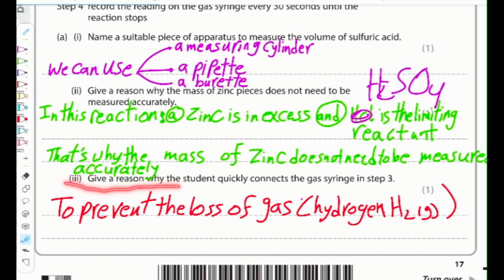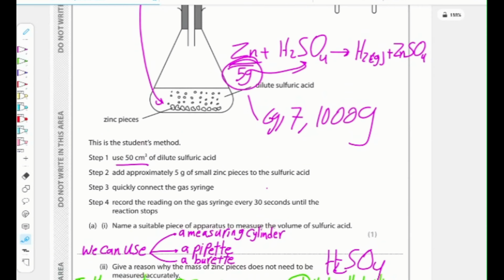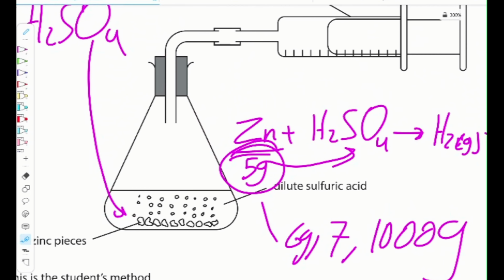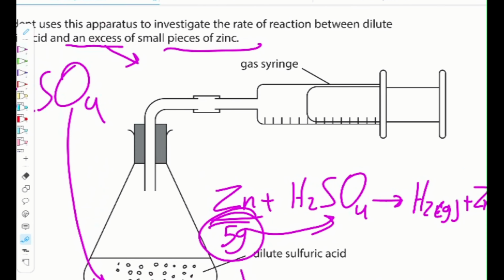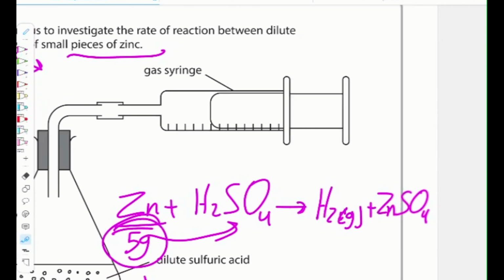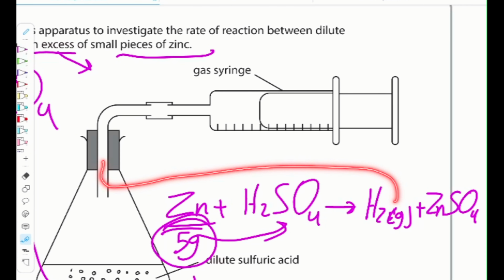Give a reason why the student quickly connects the gas syringe in step 3. Generally, my friends, the reaction between pieces of zinc, which is solid, and the liquid solution of dilute sulfuric acid will emit hydrogen gas. So the hydrogen gas will leave.